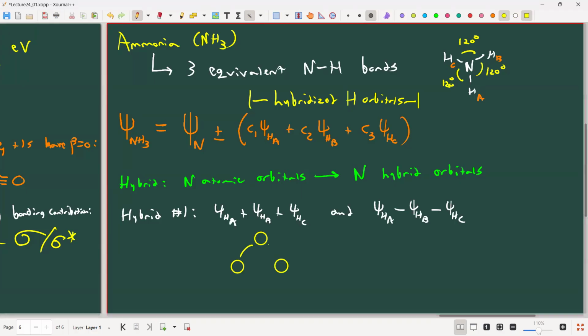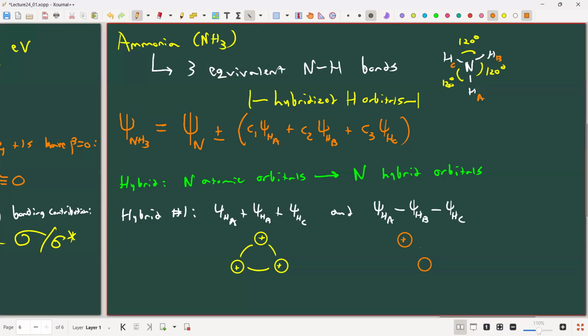And we get interactions between all three. That's great. That's why this should be the most stable form. And then we get an antibonding orbital where the sign changes each time.